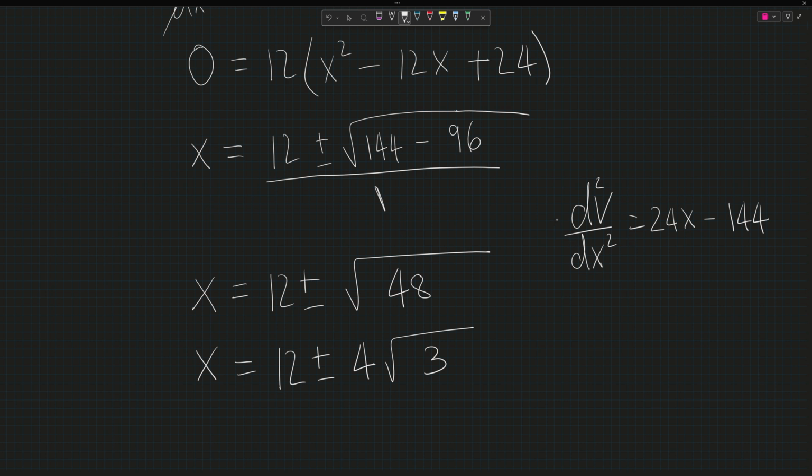To plug in that number, we have to understand that the product has to be less than 144. 24 times, let's see, 24 times 6 is 144.